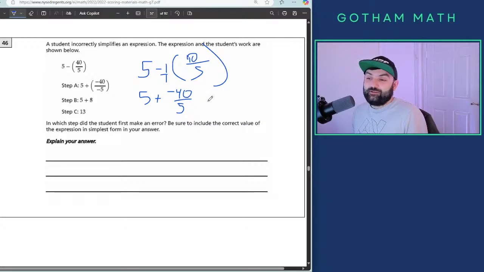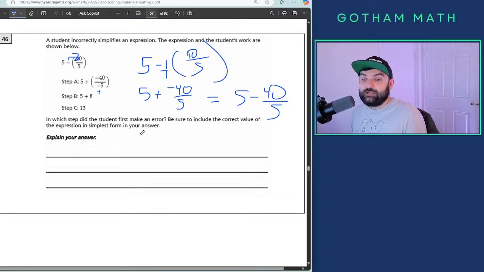But plus minus turns into a minus, so it's like 5 minus 8. It's not worth it, really. You just have to say that distributing a negative doesn't mean distributing also to the denominator. It only means distributing it into the numerator, which makes the fraction negative. Okay? So that would be the correct one.